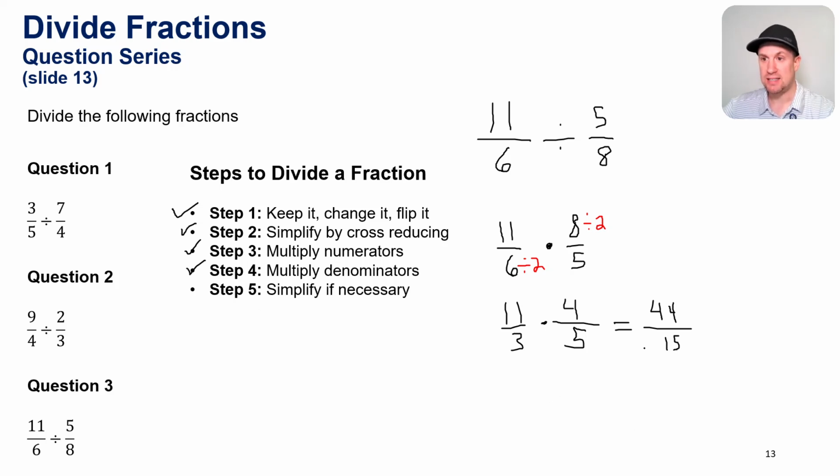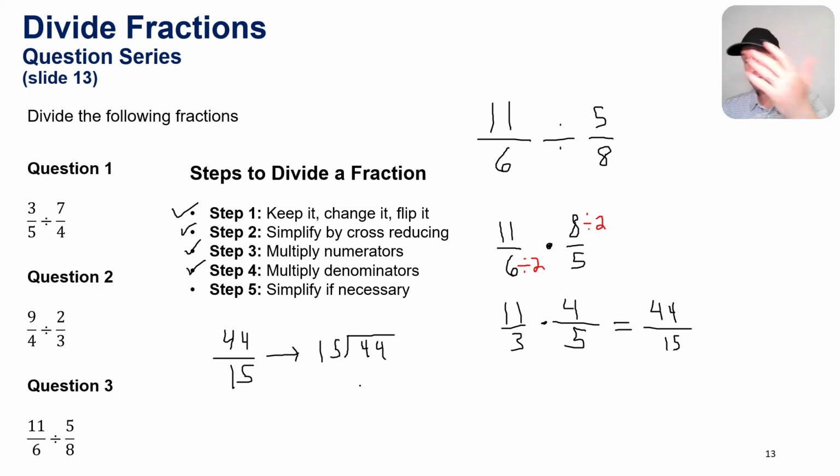Now, I can then ask, can I simplify this further? Well, 44 and 15 do not have any common factors, but it is an improper fraction, so I'll give myself some room over here, and we will convert this into a mixed fraction. So the multiples of 15 are 15, 30, 45. That's too much.